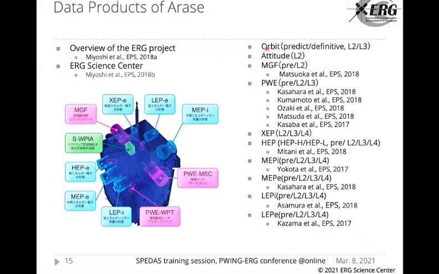Besides these orbit data and attitude data, other scientific instrument data are well described by each instrument paper as listed here. So please refer to those papers to learn what these particular data contain, and also what those data can do for your analysis.